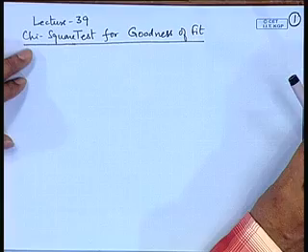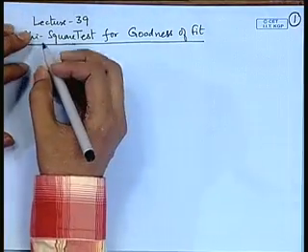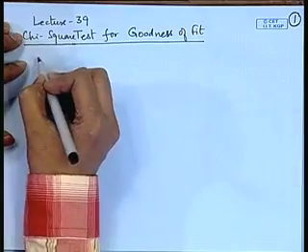So, here we will talk about testing that a particular distribution is there, say capital F is equal to some f naught. For this situation an approximate test has been proposed, which is called the chi-square test for goodness of fit.